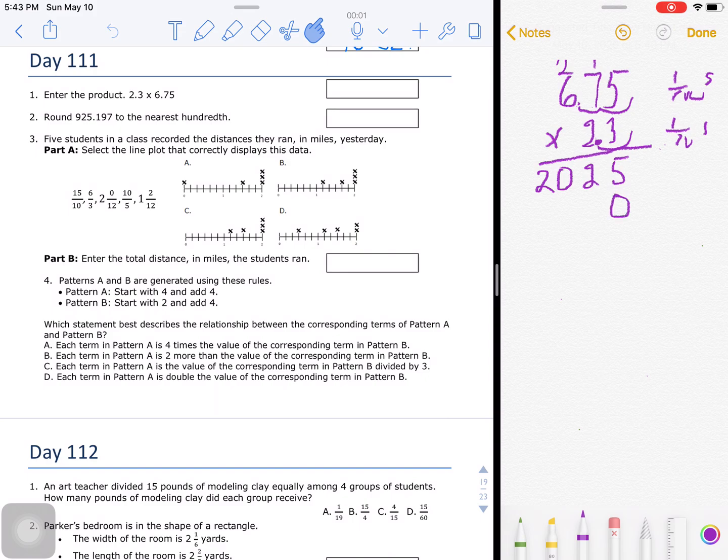Put a 0 in ones place. 2 times 5 is 10. Carry our 1 again. 2 times 7 plus 1 is 15. We will carry our 1 to the next place value. 2 times 6 is 12, plus 1 is 13. Now we're going to add our partial products.